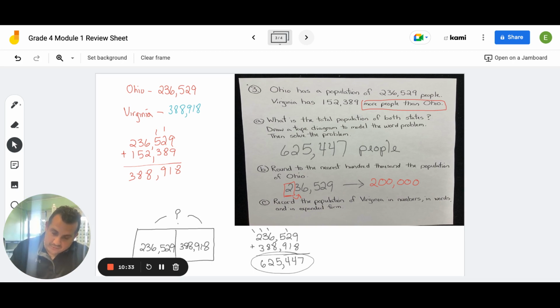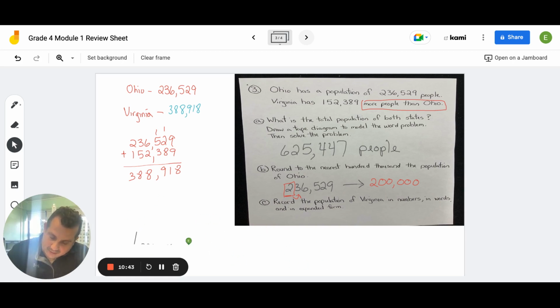So we know Virginia. All right, I'm going to erase this. We know Virginia is right here. So in number form, well, that's our numbers. 388,918, that's numbers.